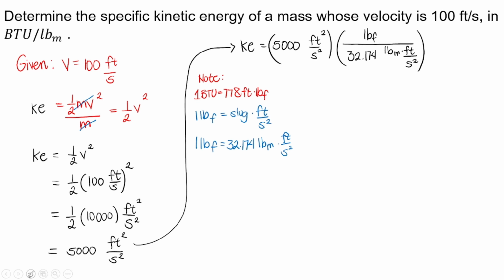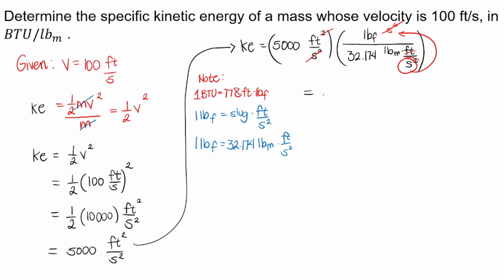And from here, you can see na this will cancel out. May matitirang isang unit ng feet doon. And then, tataas to dito. Tapos magka-cancel out yung second squared. And we will be left with, pressing that into your calculator, 5,000 divide 32.174, that is equal to, let's use 4 decimal places.